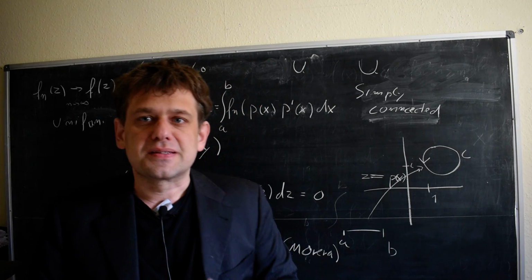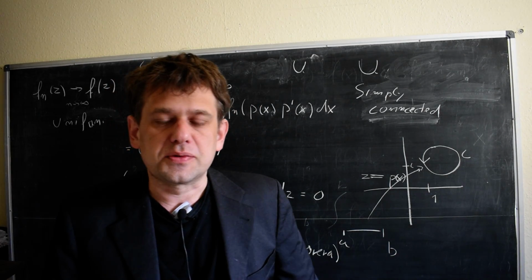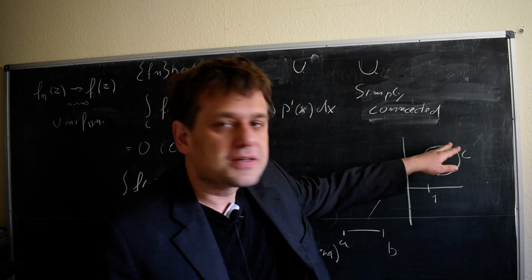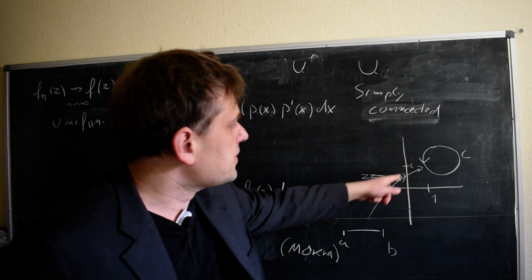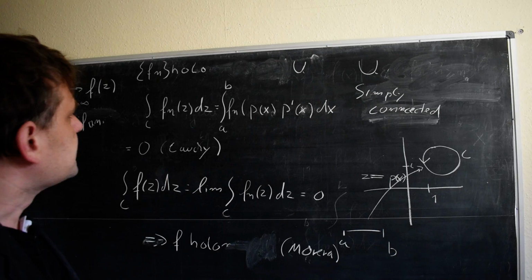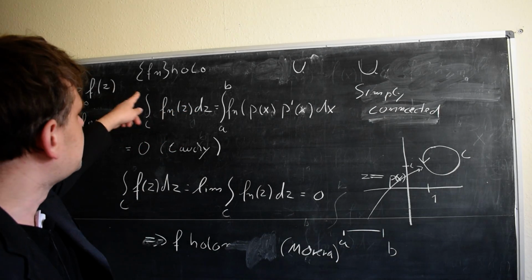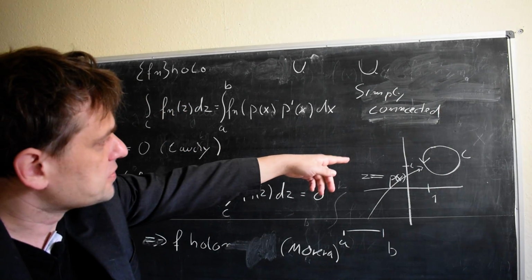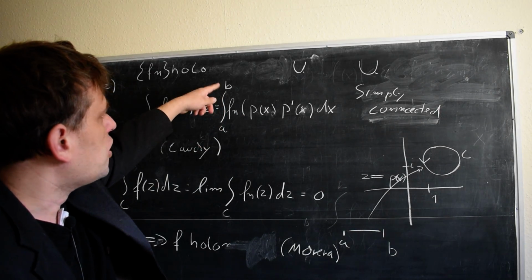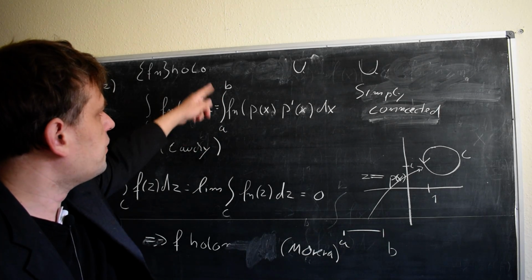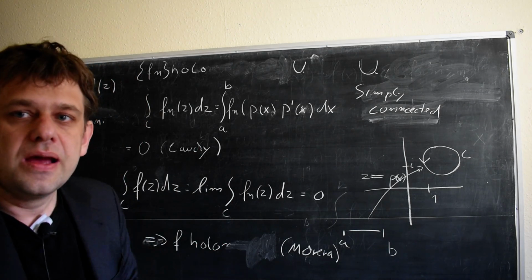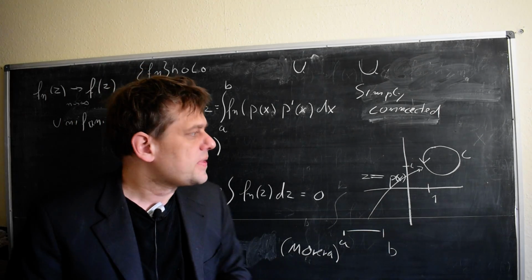So this is just writing out the complex integral of the function fn around this contour C using this parameterization p(x). And this allows us to reduce this task of integrating around the contour C to the task of integrating over an interval a to b. So this is the closed interval [a,b], which lives inside the reals.